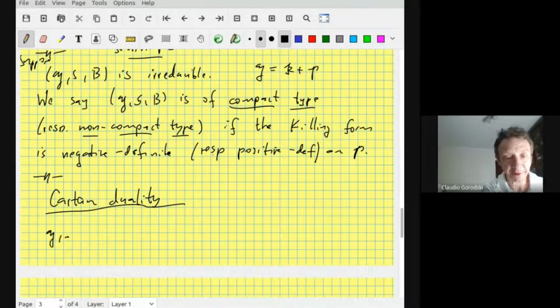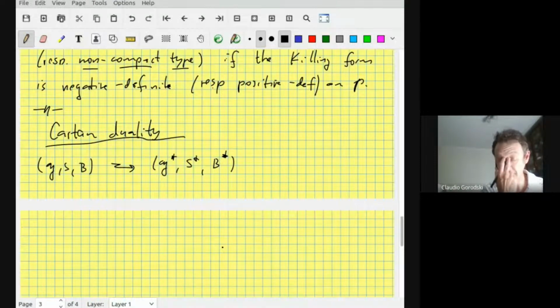So if we start with an orthogonal Lie algebra like this, the dual is another orthogonal Lie algebra.